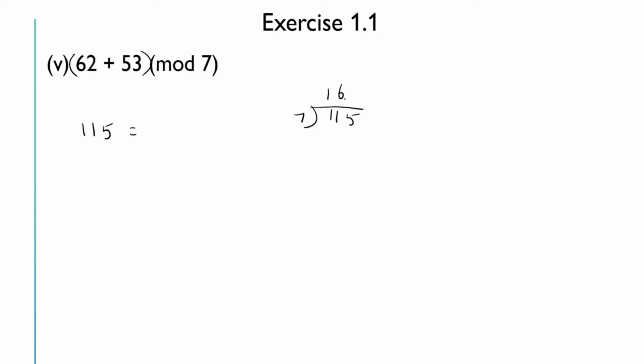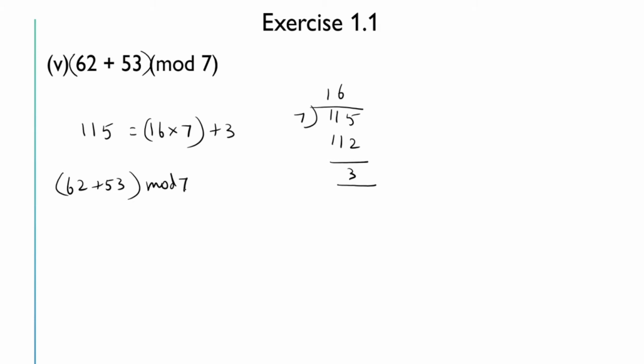So 16 into 7 is nothing but 112. So the remainder is 3. 115 we can write as 16 into 7 plus 3. So 62 plus 53 mod 7 is equal to 3.